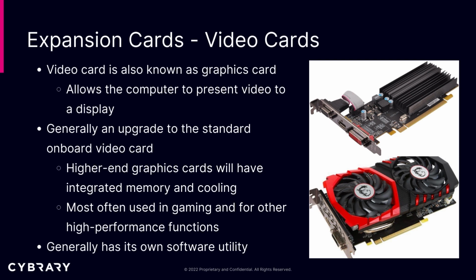Video cards can be upgraded or replaced for onboard video cards. Now, some cards have integrated memory or integrated cooling, depending on the functionality or the performance level of that card. Generally, in higher performing accelerated graphics platforms, it would have its onboard memory and cooling.